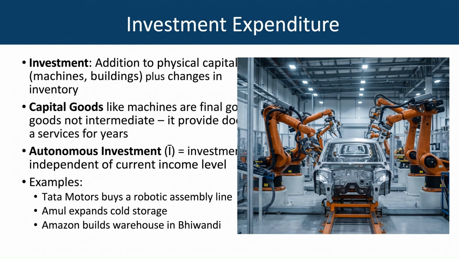When Tata Motors installs a state-of-the-art robotic assembly line in Pune, that's autonomous investment. When Amul builds massive cold storage facilities across rural Gujarat, or when Amazon constructs a multi-acre fulfillment center in Bhiwandi, Maharashtra, that is autonomous investment, creating the physical muscle of India's future economy.